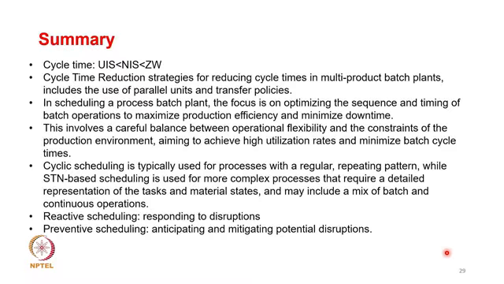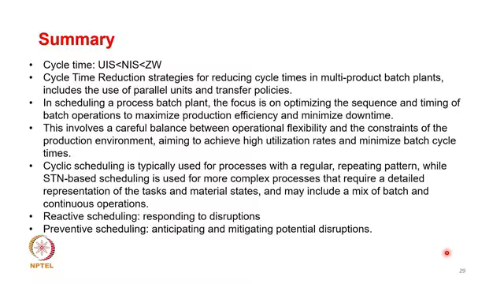This includes parallel unit transfer policies and scheduling a process plan, focusing on optimizing the sequence and timing of batch operations to maximize the production efficiency and minimize downtime. This involves a careful balance between operational flexibility and the constraints of the production environment, aiming to achieve high utilization rate and minimizing batch cycle time. Where you talk about operability, this is where they join and shake hands.